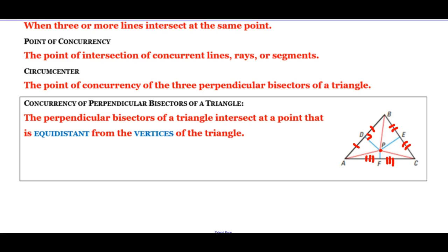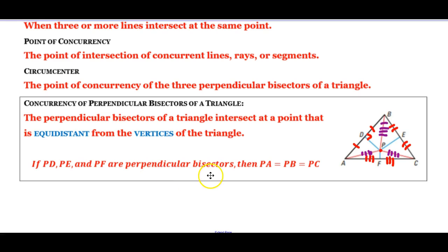But what this is saying is not only is P our circumcenter, but all of these red lines that are leaving P going to the vertices, they are congruent to each other. So these three red lines are congruent to each other. So if PD, PE, and PF are perpendicular bisectors, then PA, PB, and PC are equal.